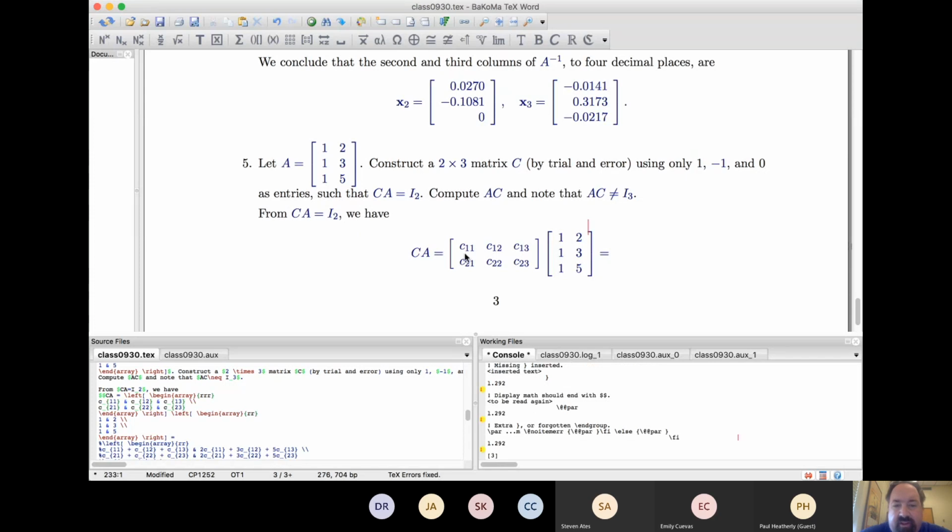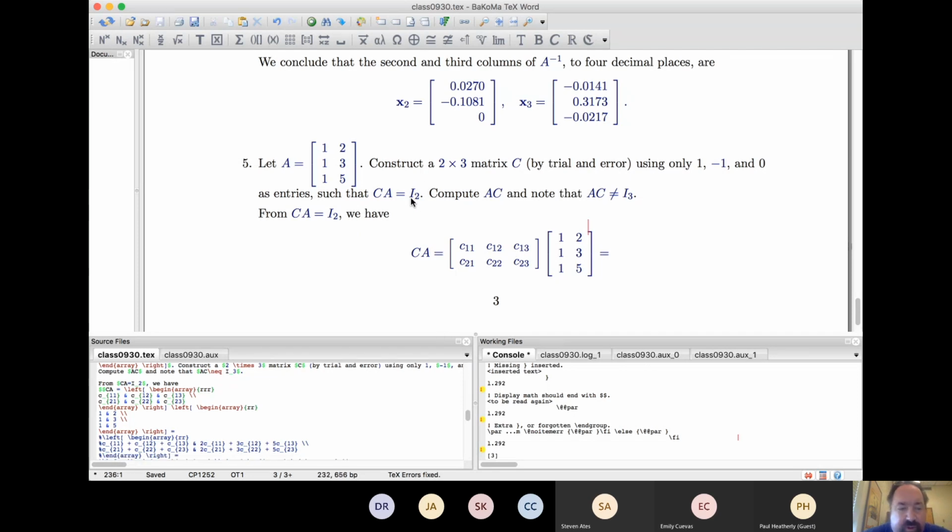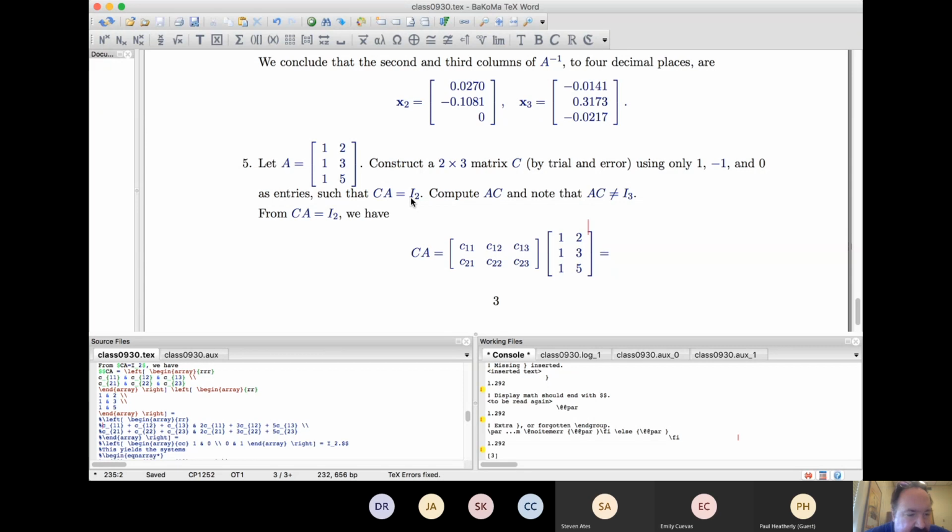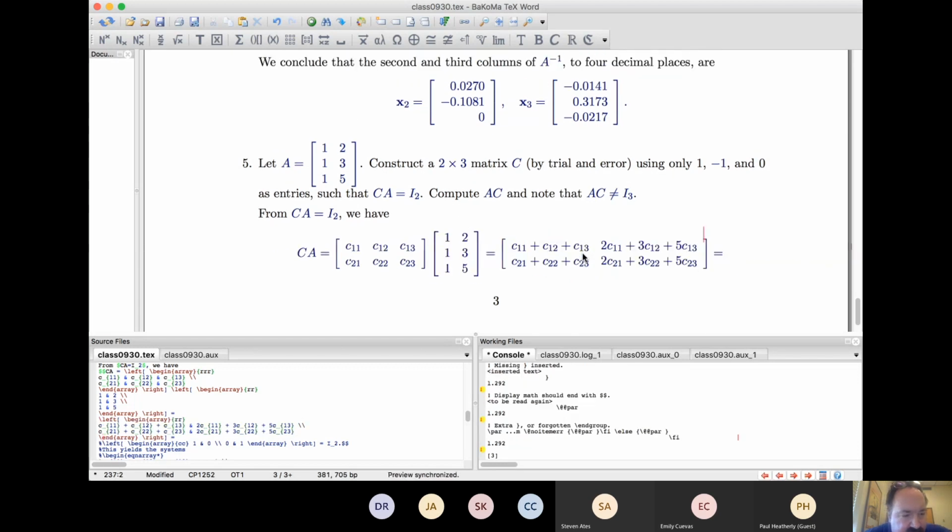So it says a 2 by 3 matrix C, 2 rows, 3 columns, written out here, times A. Now that has to equal the 2 by 2 identity matrix. If I write out what this product looks like, I need to multiply these matrices together. So that's what this looks like here.